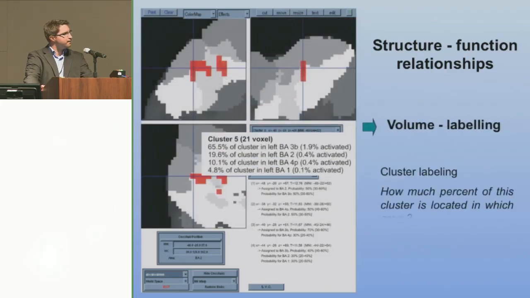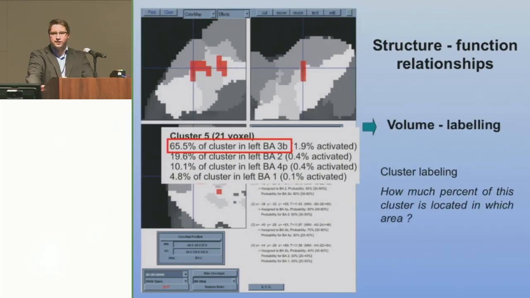What is volume labeling about? It's actually a very straightforward concept. We consider the entire activated cluster as being a homogeneous thing. So we're not considering the internal differentiation like more or less activated, but it's above the threshold, so this is a significant activation. And then we compute the intersection of that activated volume with the maximum probability map representation of the different histological areas.